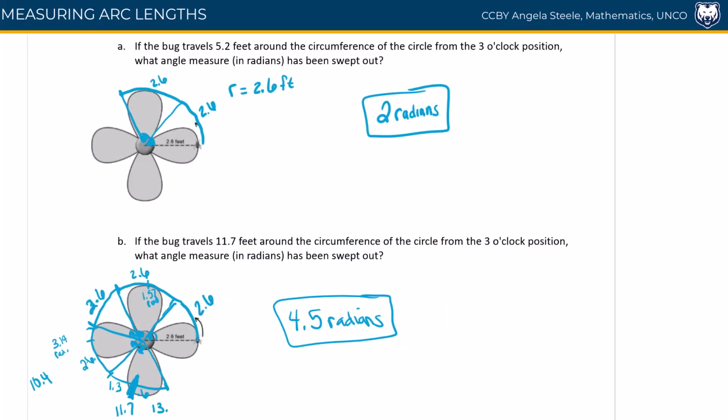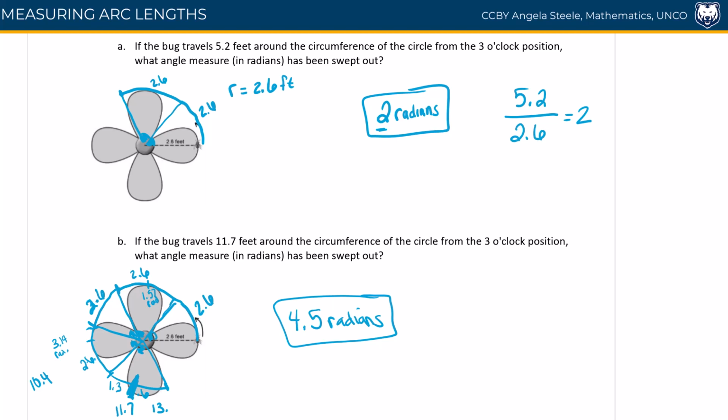So for part A, we had an arc length of 5.2 feet, and we wanted to think about how many radius lengths, so 2.6, how many of those fit into 5.2? When we think about the relationship that way, that leads us to division. So it's 5.2 divided by 2.6, which gives us 2, which matches our answer of 2 radians.